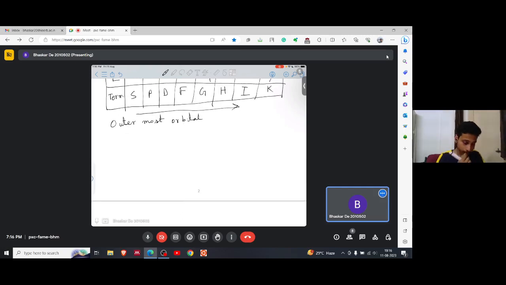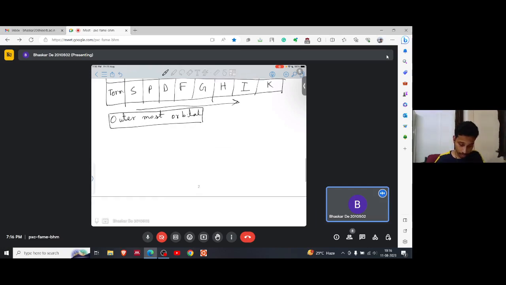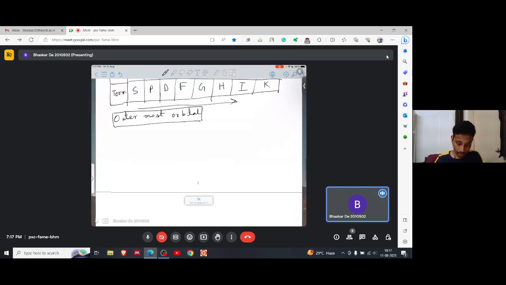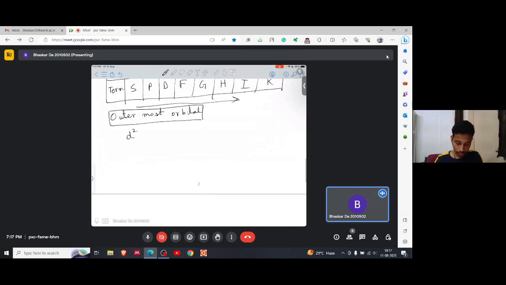Okay. Now I will give an example. Suppose an atom or an ion has an outermost orbital with the configuration d2. It can be anything like 4d2 or 5d2.